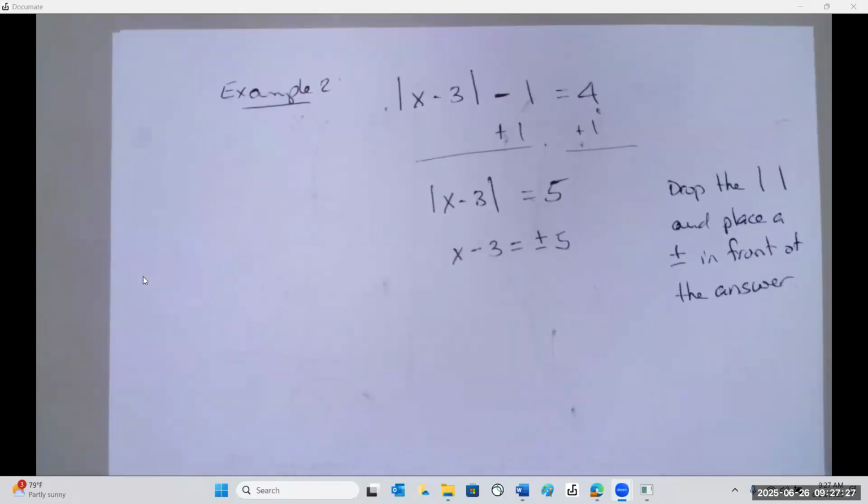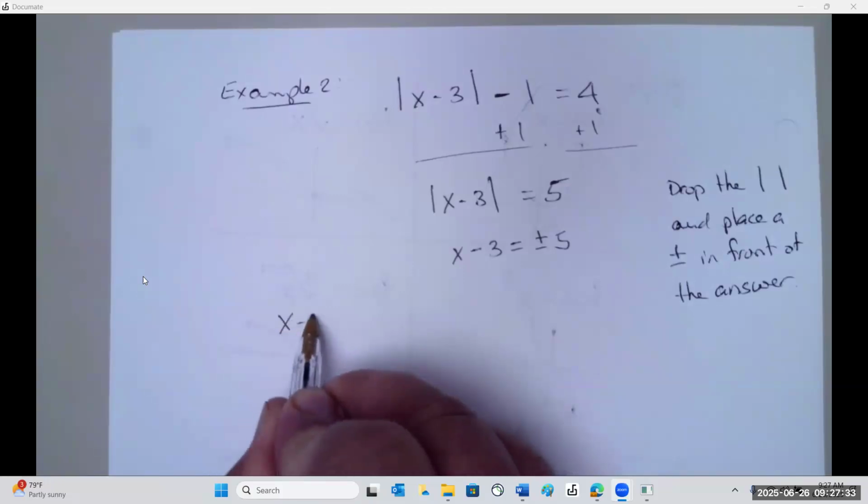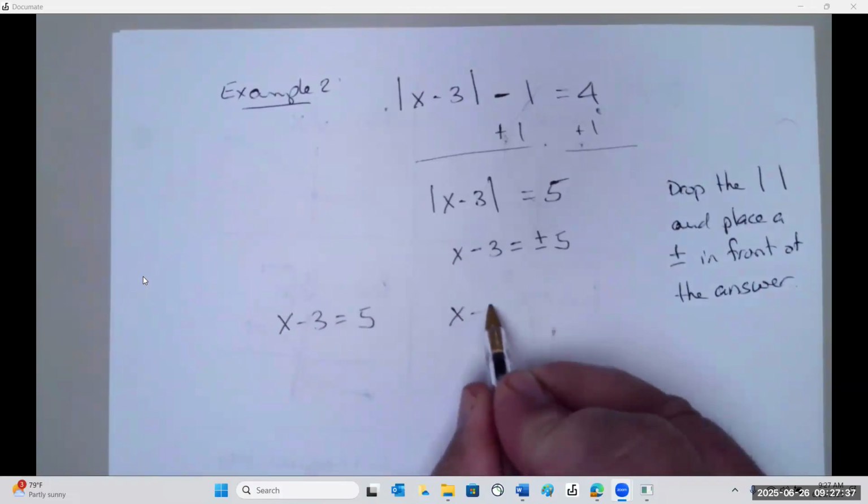Okay, so now are we done? No, because we're solving for x. So what we have to do here is write our two equations down.